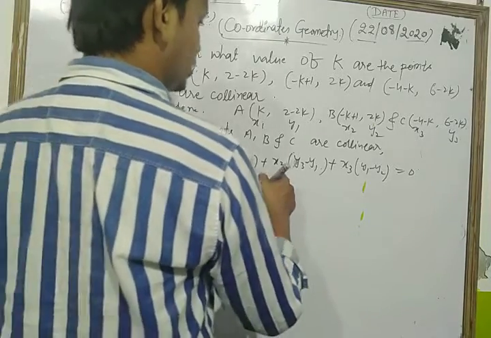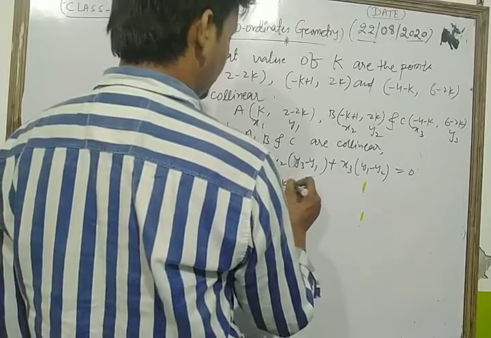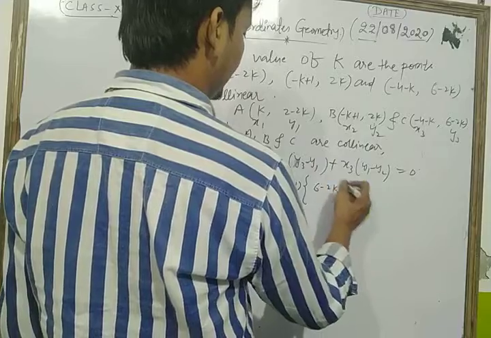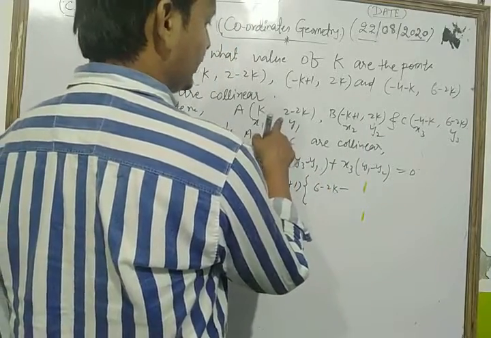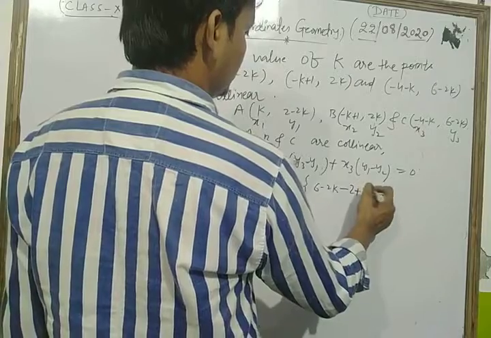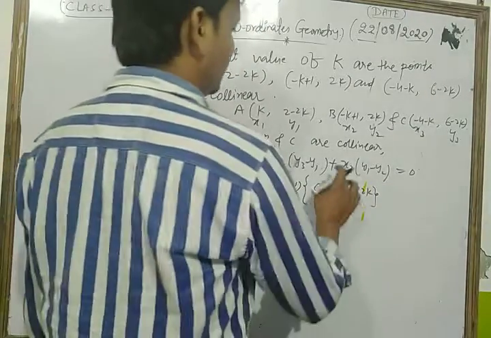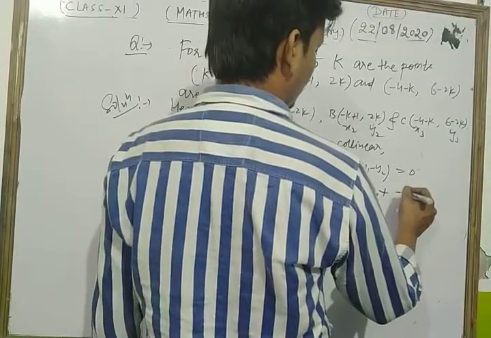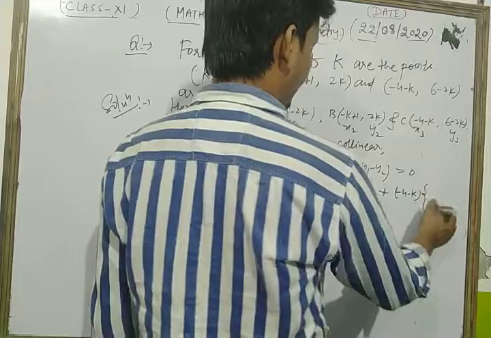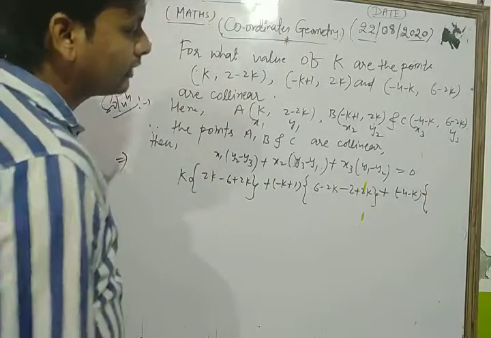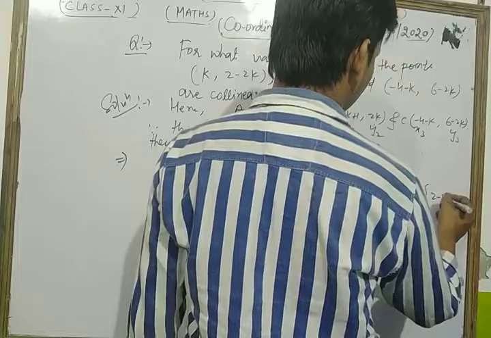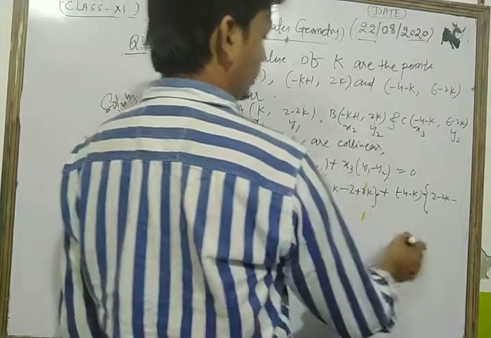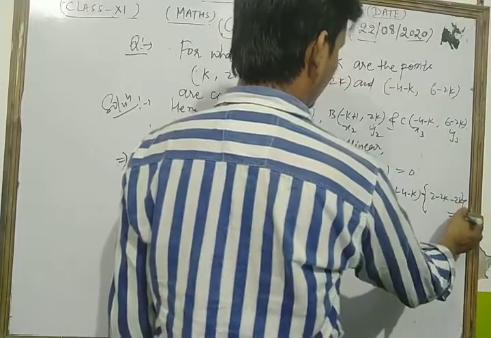Now plus x2, which is minus k plus 1, times (y3 minus y1) = (6 minus 2k minus 2 plus 2k). Now plus x3, which is minus 4 minus k, times (y1 minus y2) = (2 minus 2k minus 2k), equal to 0.